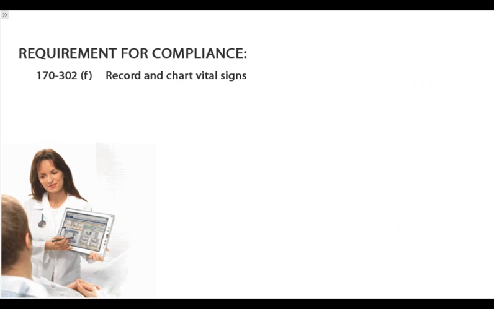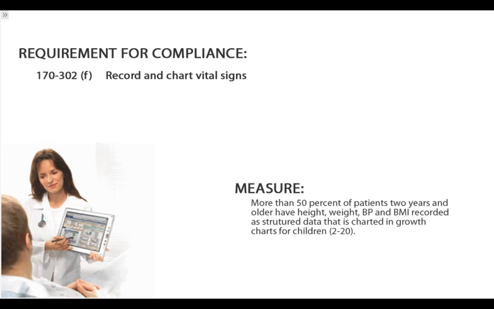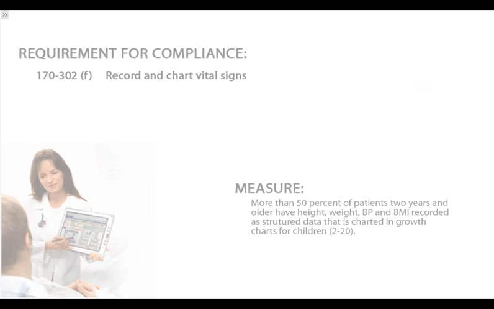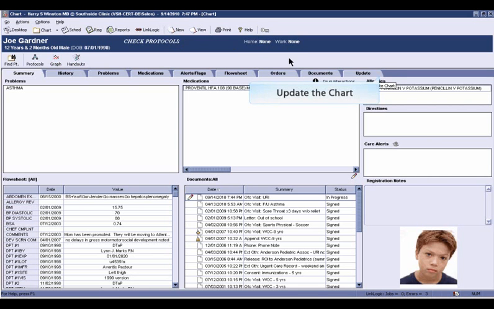The vital sign template can be useful for capturing height, weight, BP, and calculating body mass index for your patients that are 2 years or older, as outlined in the meaningful use vital sign criteria. Vital signs may be entered manually or electronically through devices.